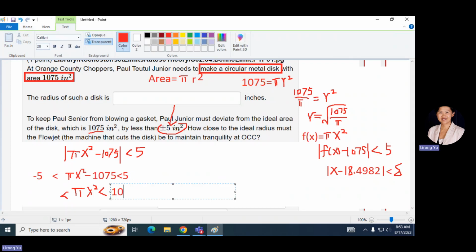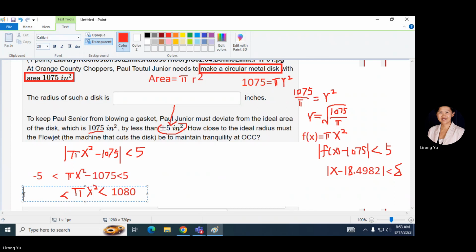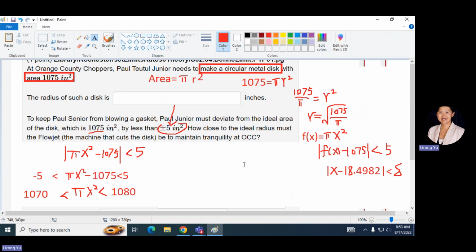So this is 1080, and on the other side is 1070. That's the 1075 minus 5. And then it's very similar to when we were solving the radius. If you want to get x by itself, you first have to get rid of the pi, and then take the square root.